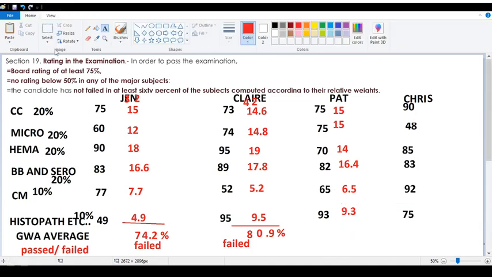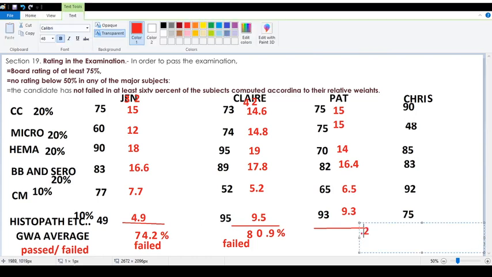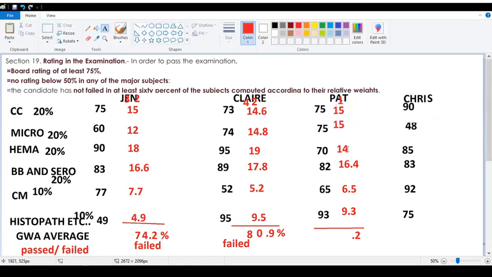Okay, so we compute again for the general weighted average. So that is 4, 9, 12. Okay, so that is 12. So 1, that is 11. 11 plus 4, 15. Plus 6, 21. 27.